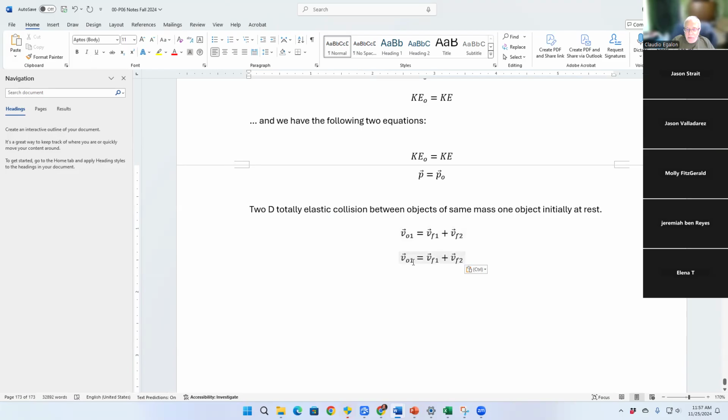What time is that? 11:57. Okay, we're in good shape here. What else do we have? That's what the equation for conservation of momentum tells you.